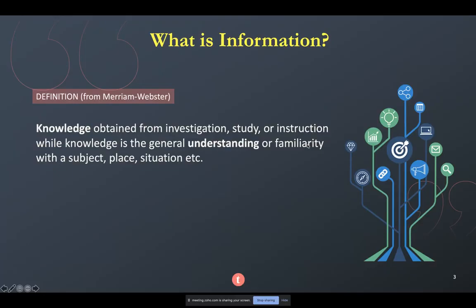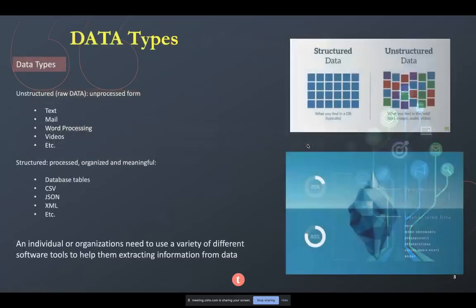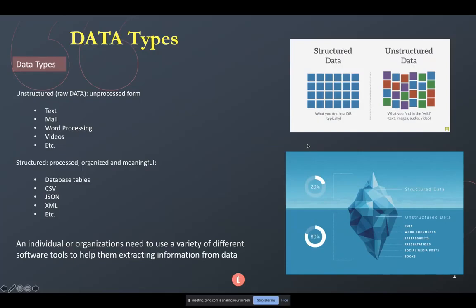Now, when we are talking about data in the electronic format, we have basically two main kinds of data. We can have unstructured data, which is data in an unprocessed form.